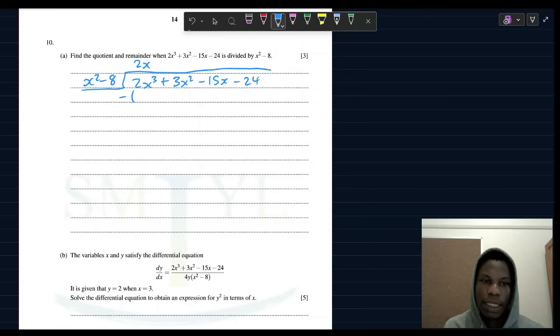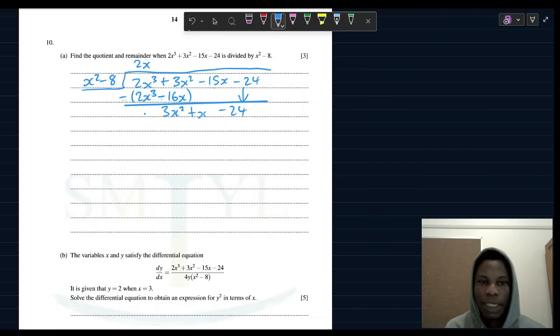And so 2x times x squared, that gives us 2x cubed. Then 2x times minus 8, that's minus 16x. 2x cubed minus 2x cubed, that's 0. 3x squared, 3x squared. Minus 15x minus 16x, so that's minus 15x plus 16x, so plus x. Bring down the minus 24.